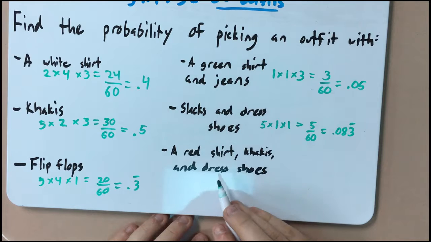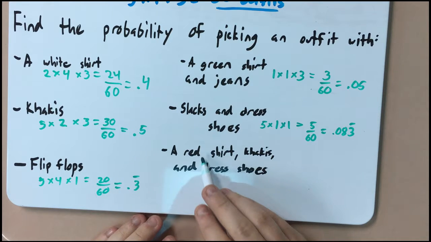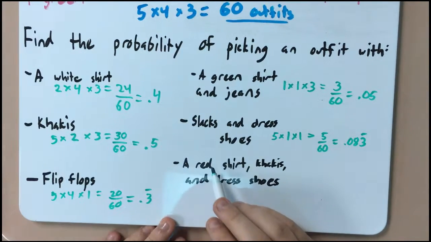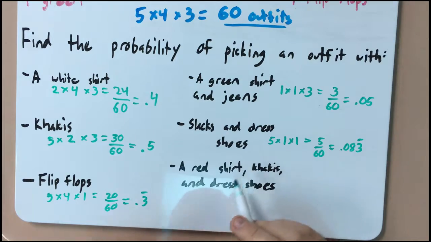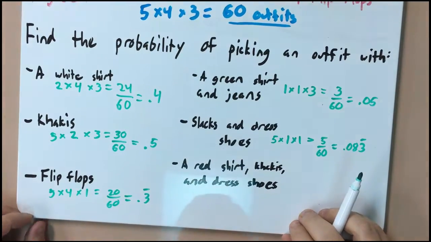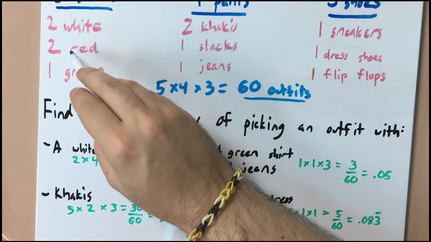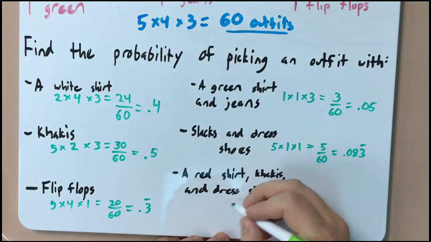Finally, the last example, we have a restriction on each part of the outfit. We're supposed to find the probability of picking an outfit randomly with a red shirt, with khakis, and with dress shoes. So let's start with the red shirt, and if there are any fans of the original Star Trek series, you might be feeling like you're about to die right now, but we're almost done with this example. So red shirt, I had two red shirts within my range of choices for a shirt.